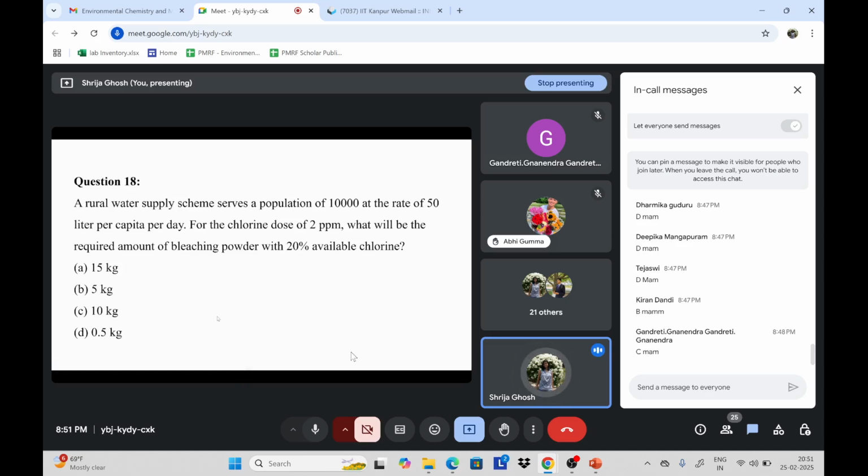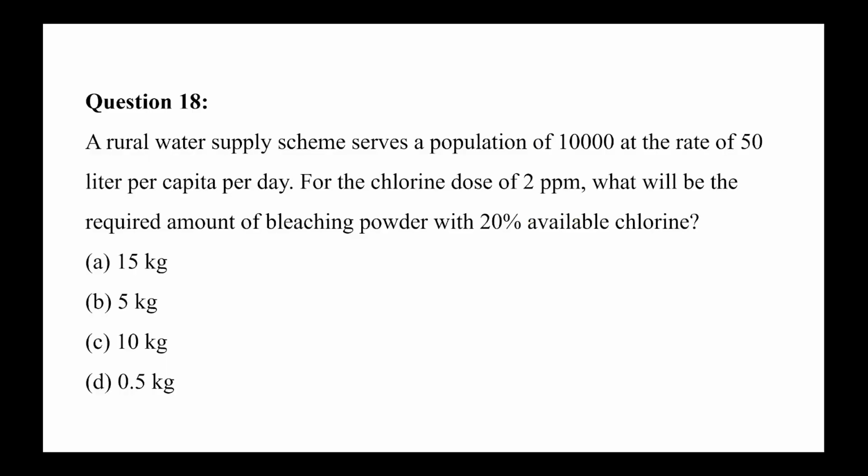So the amount of bleaching powder required would be higher than the amount of chlorine, obviously. If anybody knows how to solve this, write the answer in the chat box, otherwise we'll discuss the solution.